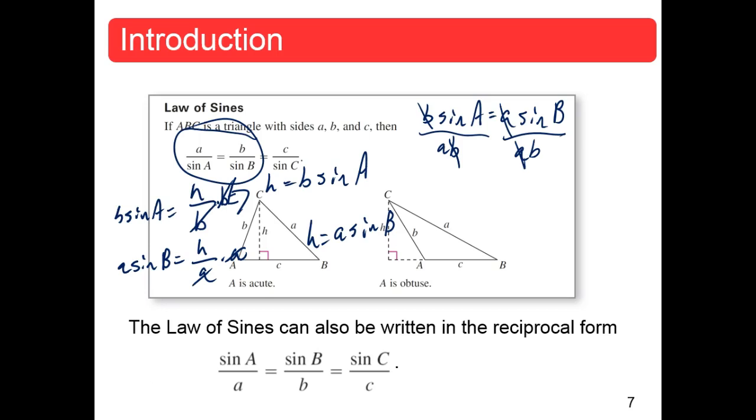So basically then, whichever angle you start with, you could have come up with the same thing. So here's the law of sine. The ratio of a side to the sine of the angle opposite that side, for all 3 sides and angles, those ratios are the same. Same value. Or you could flip it the other way and say sine A over A is equal to sine B over B is equal to sine C over C. All 3 are the same.